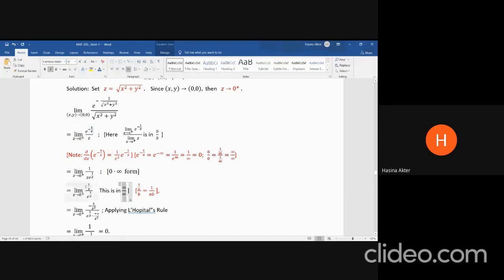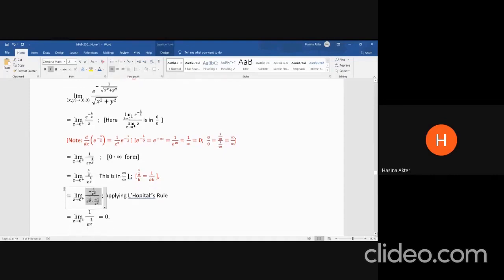Now look at the derivative. This one will not spare us. You get 1 over z squared times e to the power 1 over z. But look at the numerator now. The derivative of the numerator is not 1 now. Over there, the derivative of the denominator was 1. But here, the derivative of the numerator is minus 1 by z squared.